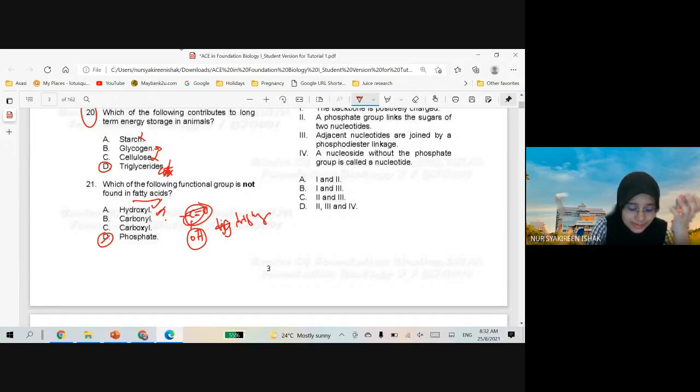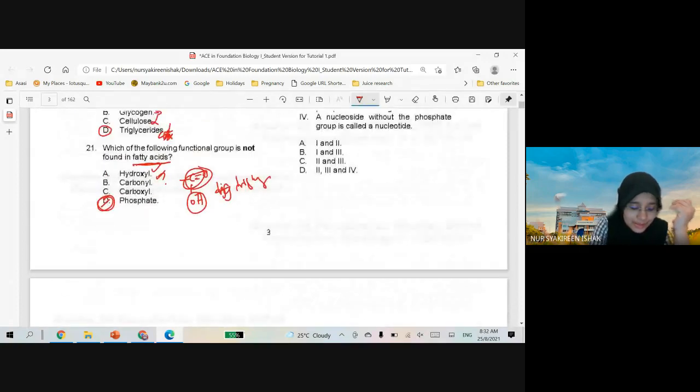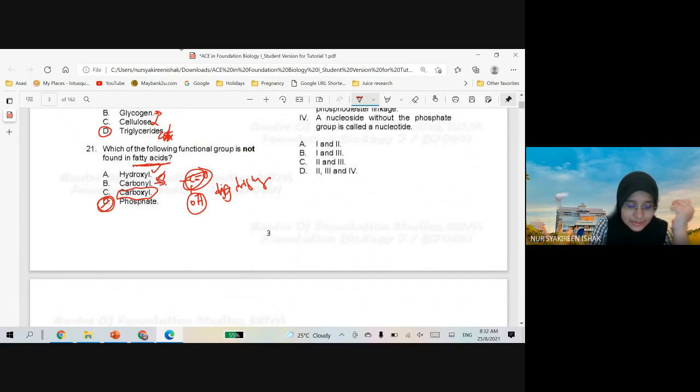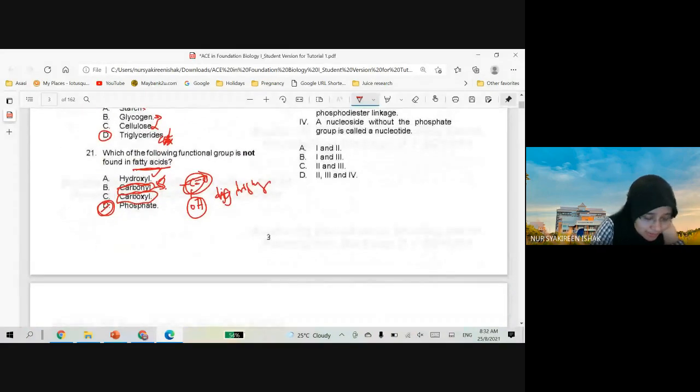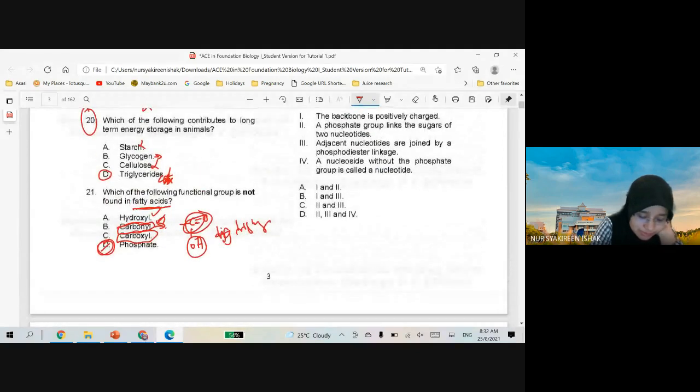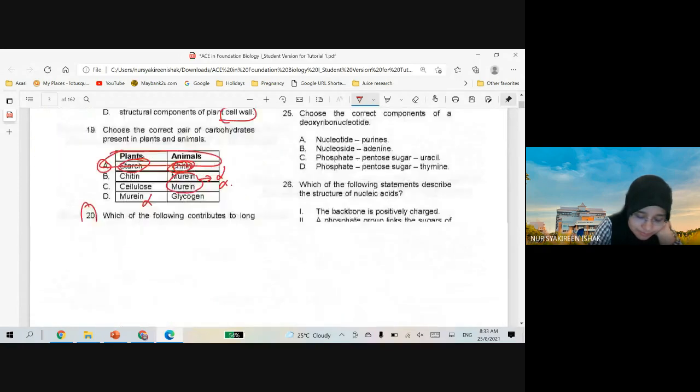Okay, tapi kalau fatty acid, it does not have yet the carbonyl group. Tapi maybe they consider, okay, tak apa. Tapi yang paling tak ada phosphate. Kalau dalam fatty acid, it has the carboxyl. Bila dia jadi triglyceride, then only dia akan jadi daripada carboxyl dia jadi carbonyl. Okay. Tapi yang paling tak ada kena-mengena dengan fatty acid ataupun triglyceride is phosphate. Okay, so tak apa, ini saya tanya dekat orang pensyarah lain.